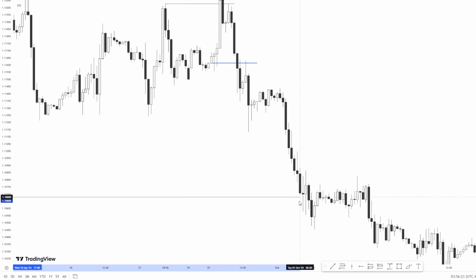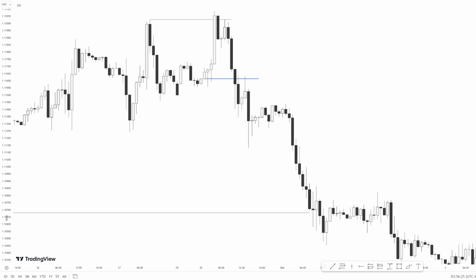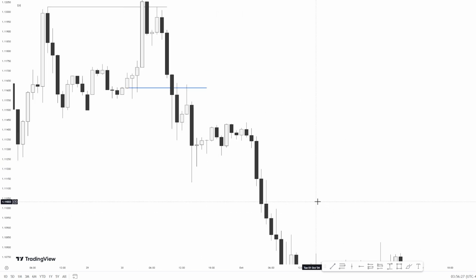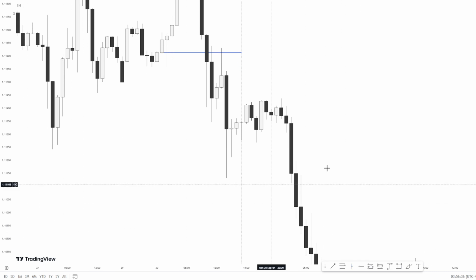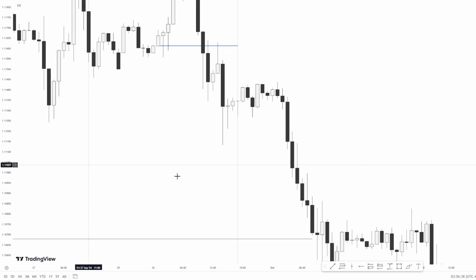So coming into Tuesday, remember we had Euro CPI at 5 a.m. and also for intraday, I'm always looking for price to engage a high or a low or opposing close candles to frame an intraday reversal as well.